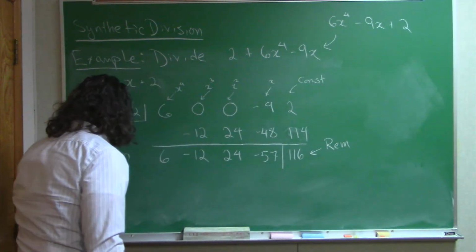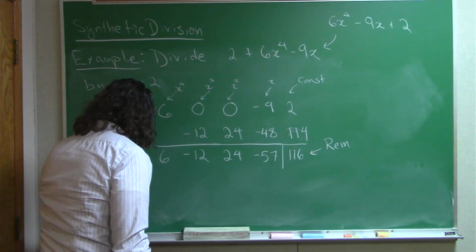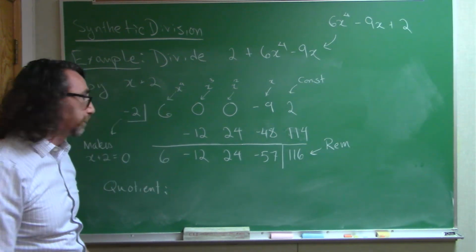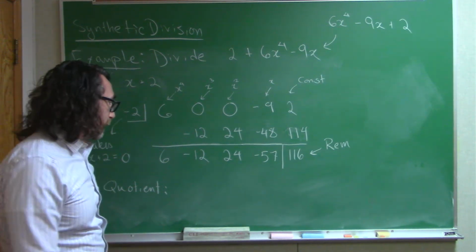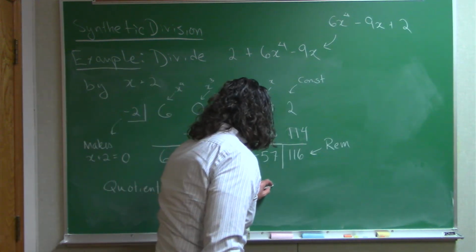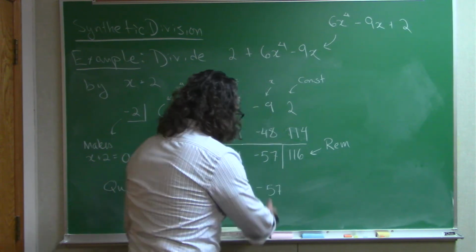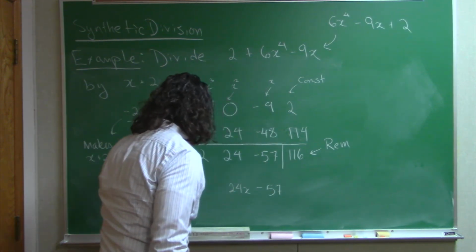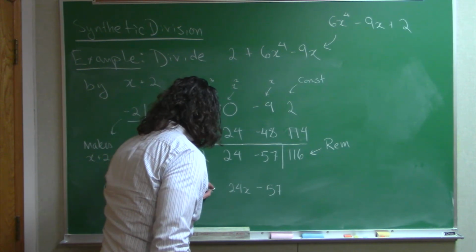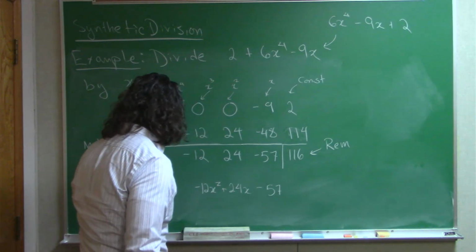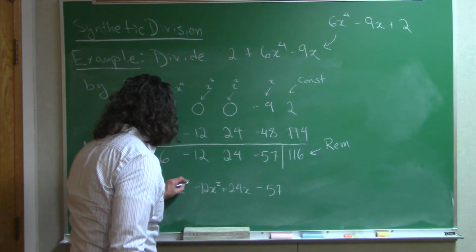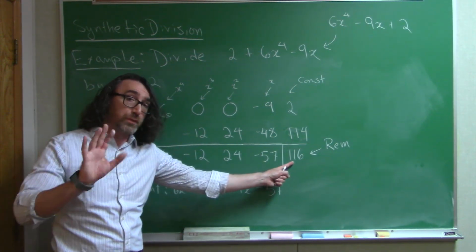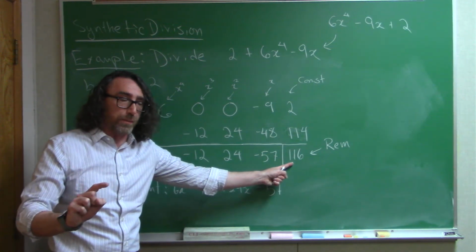Okay, so the quotient from this operation is, now I like to do it backwards. I write it backwards. -57, that's your constant, 24x, -12x squared, and then 6x cubed. Okay? So the last number is your remainder.